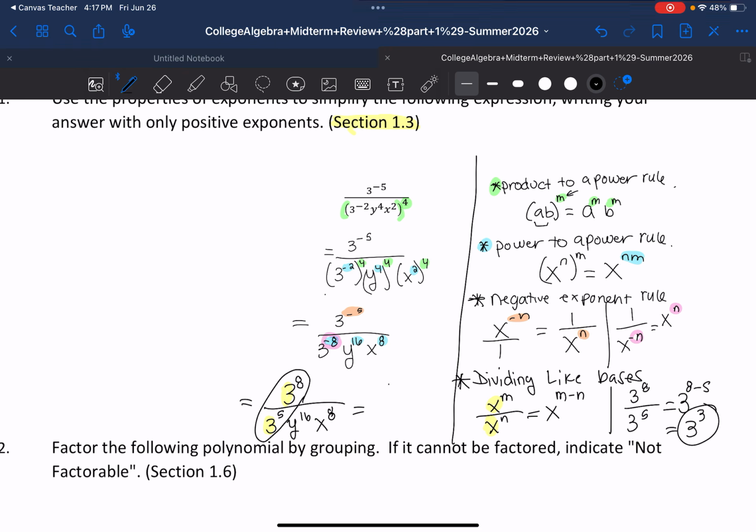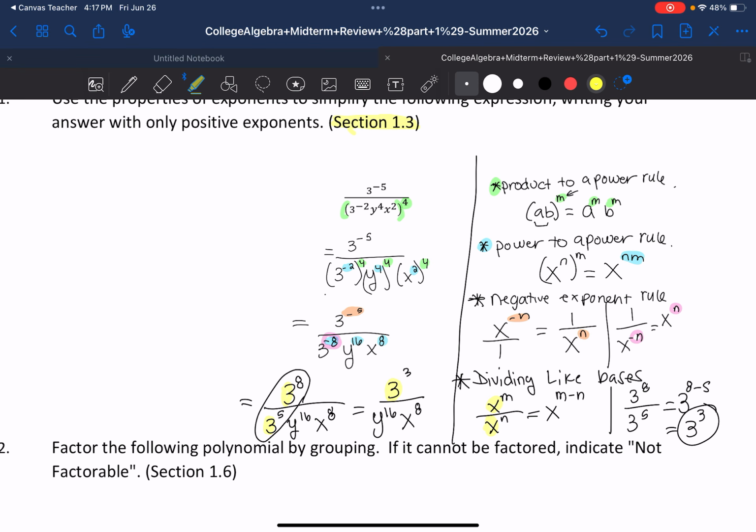So this will be equal to 3 cubed over y to the 16th times x to the 8th, because I've combined those two exponential expressions. So it's no longer in the denominator. And finally, I can actually evaluate 3 cubed. 3 cubed is 3 times 3 times 3, which is 27.